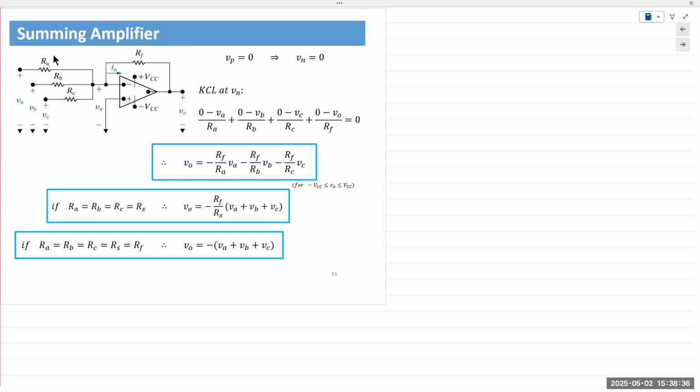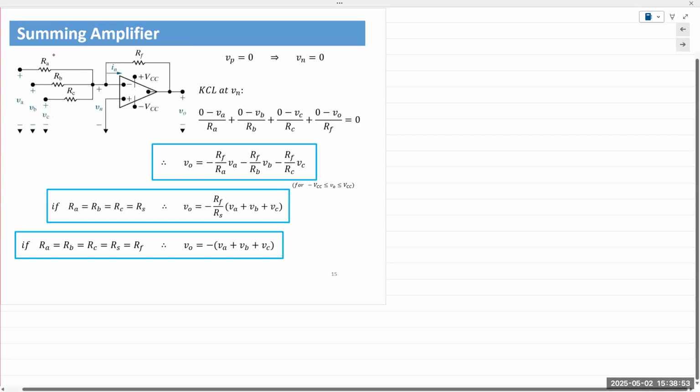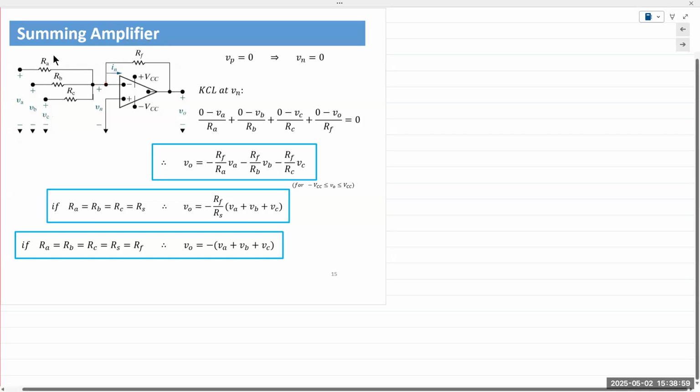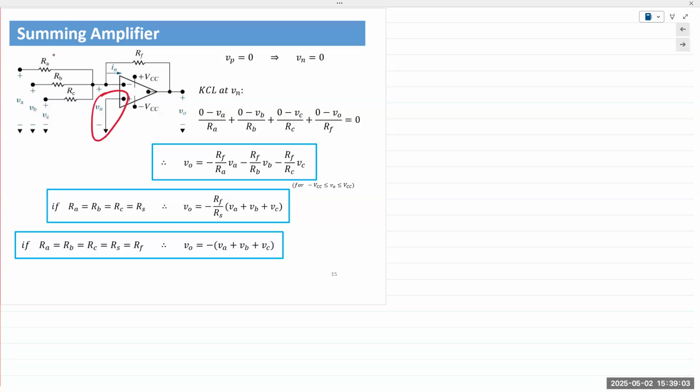So VA is connected via RA, VB is connected with RB, and VC is connected with RC. All of these are then connected to one single node, and that single node is connected to the inverting terminal. Negative feedback is provided from the output back to the input via RF. And then the non-inverting terminal is connected to ground.